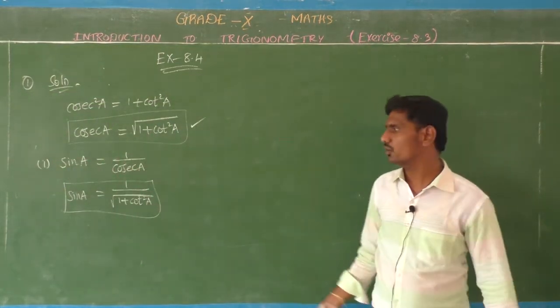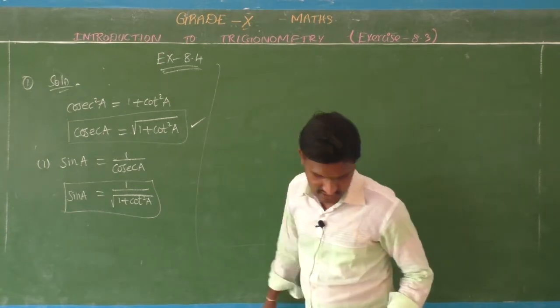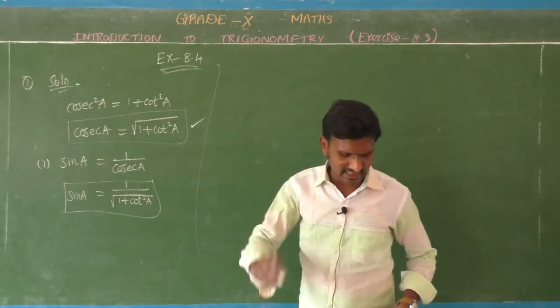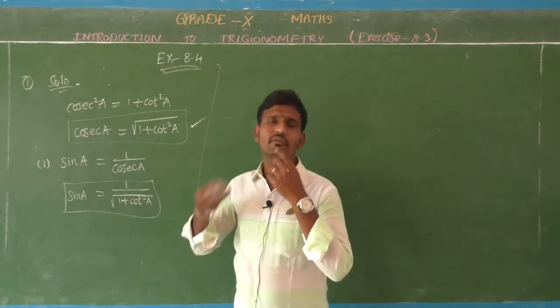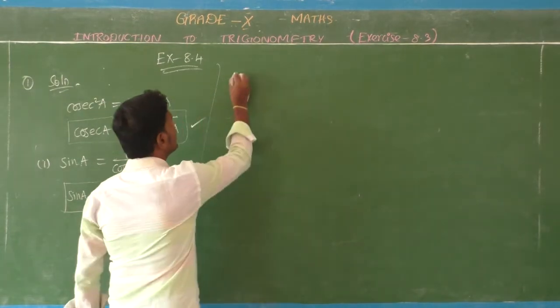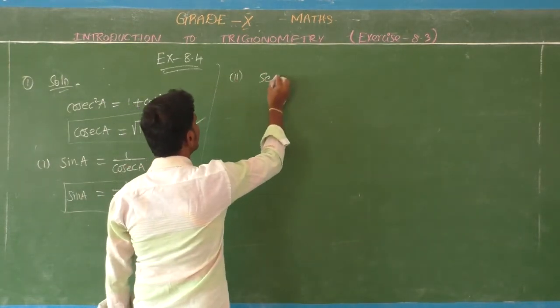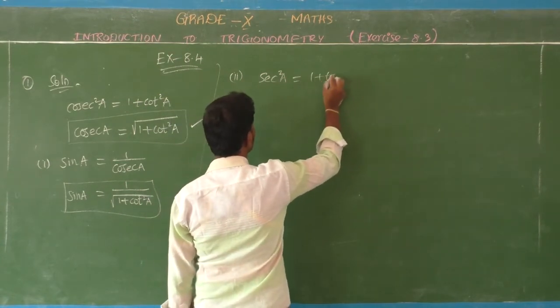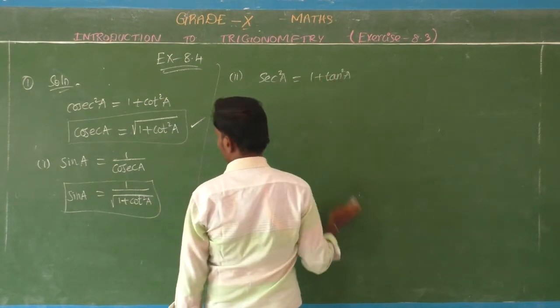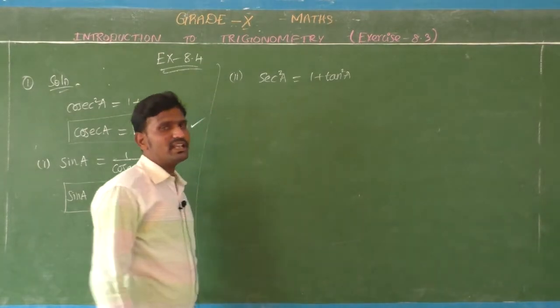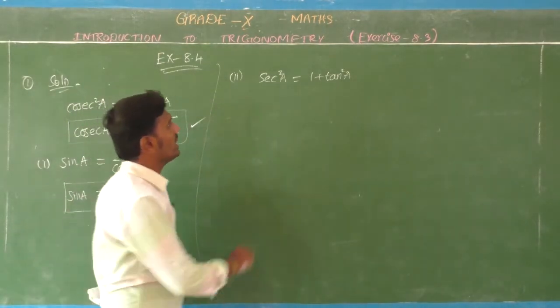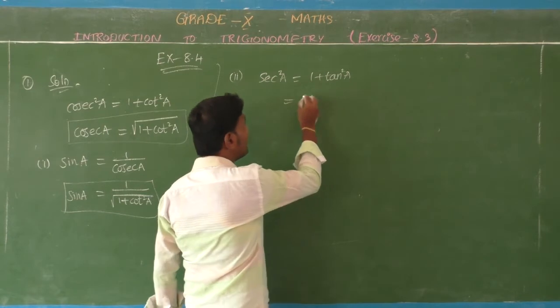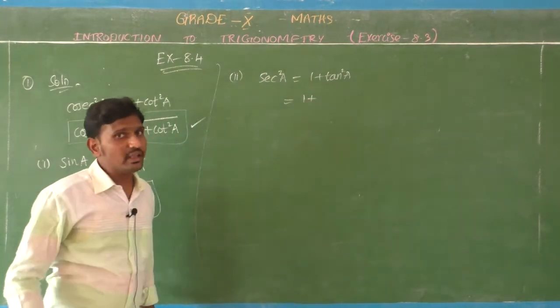Got it, children? Okay, and next, what are they asking? Find the secant A. Secant means we want to take the second identity, secant square A equals 1 plus tan square A. For that we need it in terms of cot A only, no?